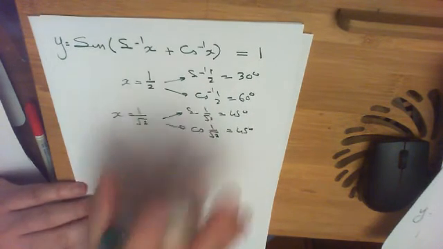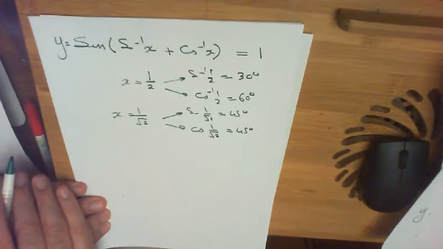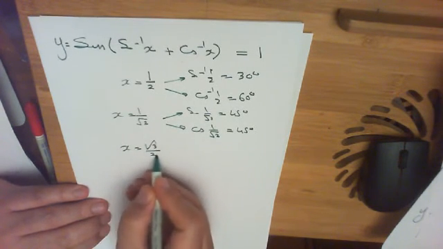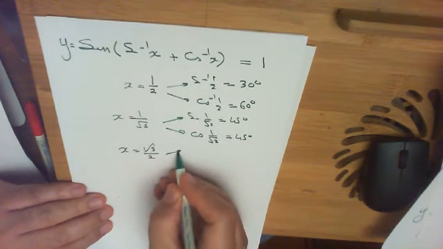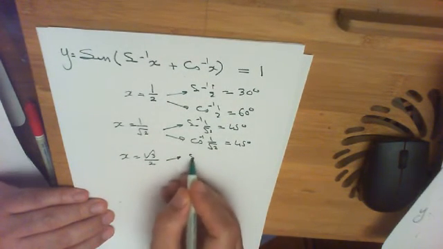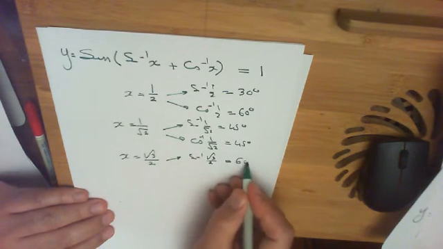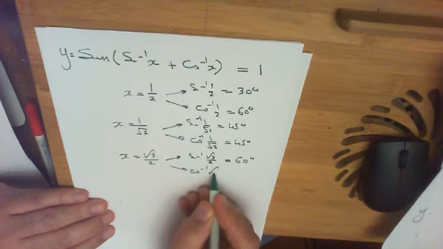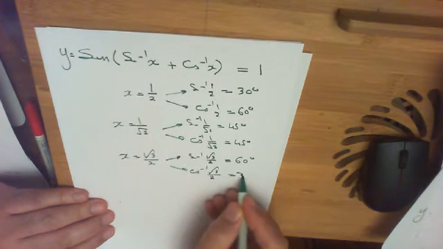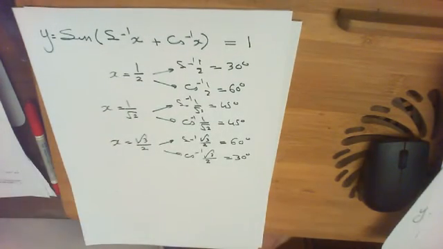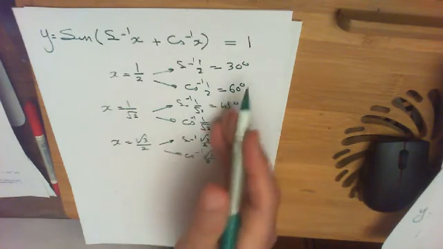A third example: take x as root 3 divided by 2. Sine minus 1 of root 3 over 2 is 60 degrees, and cosine minus 1 of root 3 over 2 is 30 degrees. Their sum is 90. Sine 90 is 1. We call these two angles complementary, meaning their sum is 90. So this is directly 1.